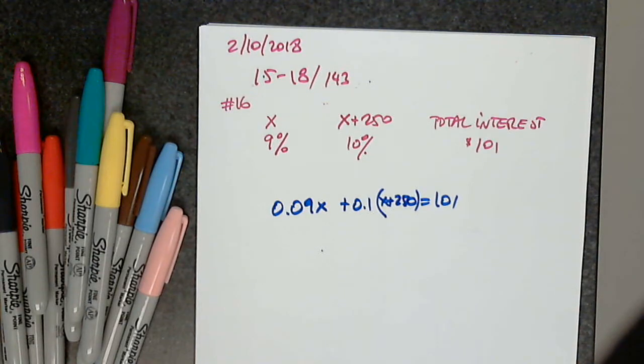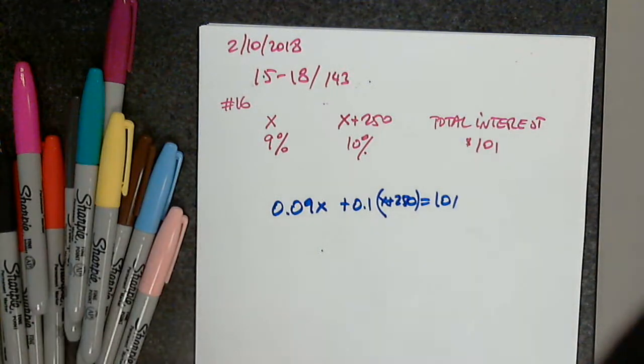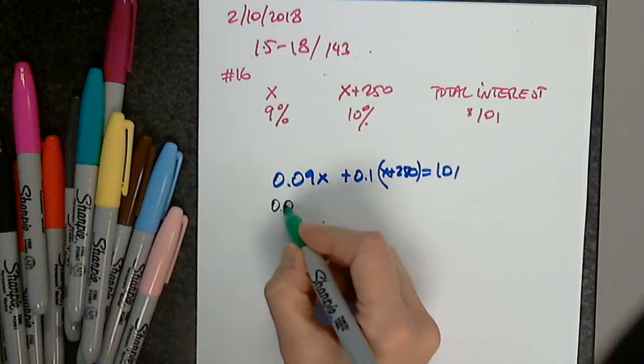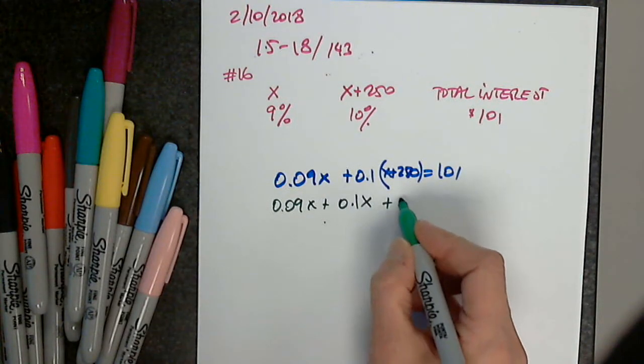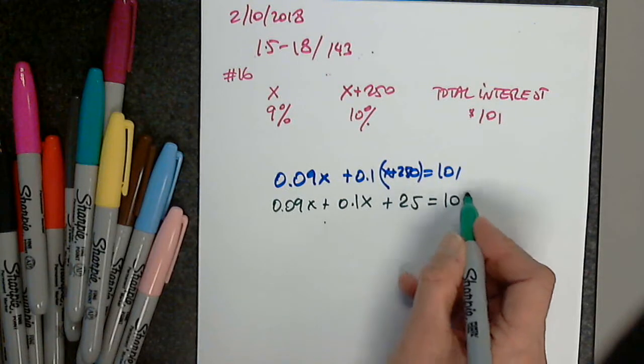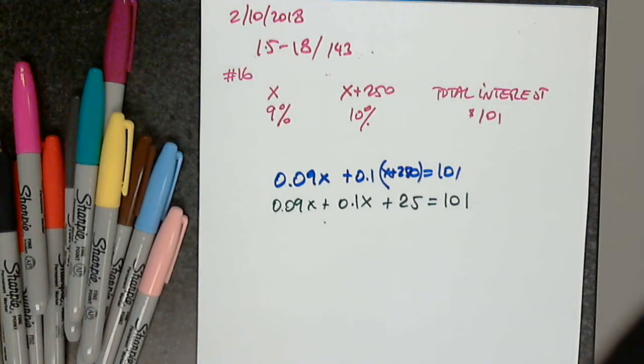Everyone? Okay, now please dictate the first step. 0.09x plus 0.1x plus 25 equals 101. Do we agree with this step? Is it acceptable? Yes.